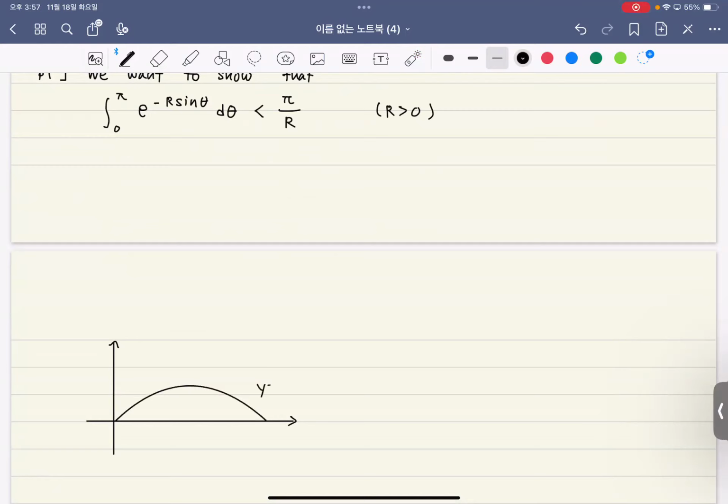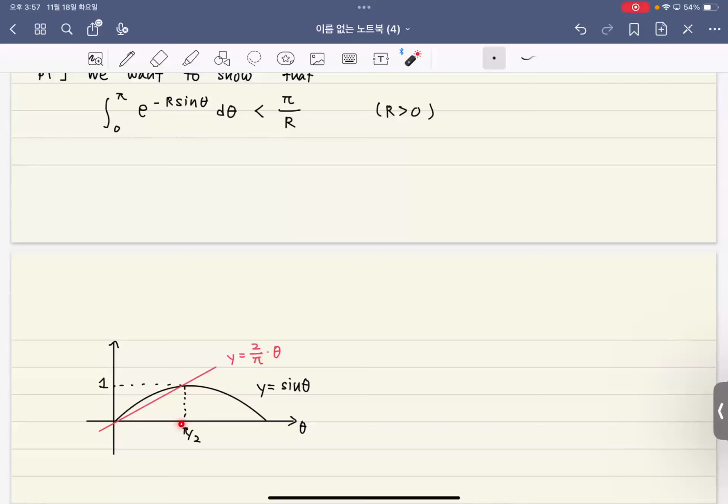Let me say this is the curve y equals sine theta, and the x coordinate here is obviously pi over 2. I want to compare it with this curve, y equals 2 over pi times theta. Let me just focus on the case when theta is between 0 and pi over 2.